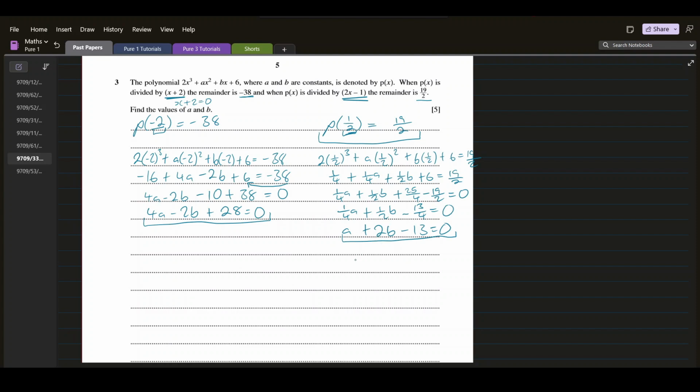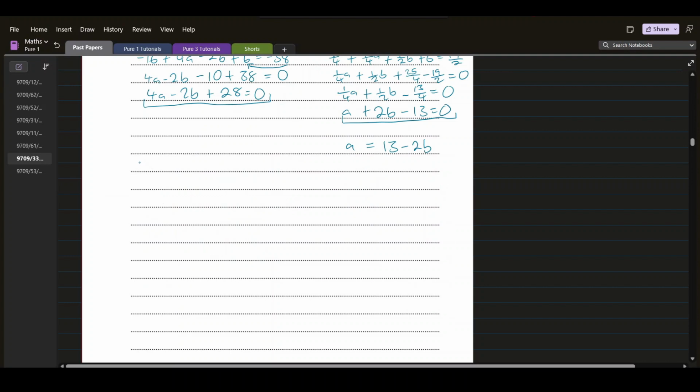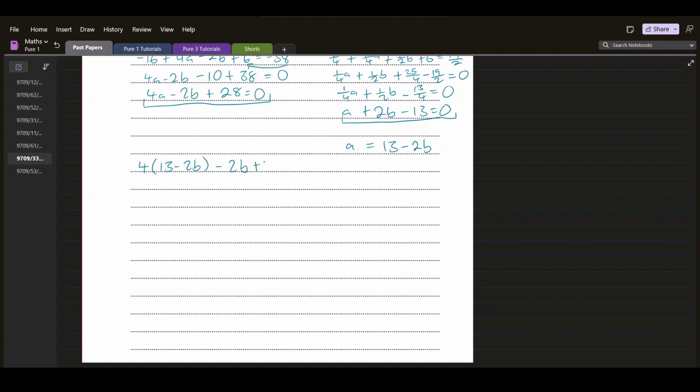So let's make a the subject of the formula in our second equation. So a is equal to 13 minus 2b. So let's substitute into the first equation. That's 4 times a, which is 13 minus 2b, minus 2b plus 28 is equal to 0.